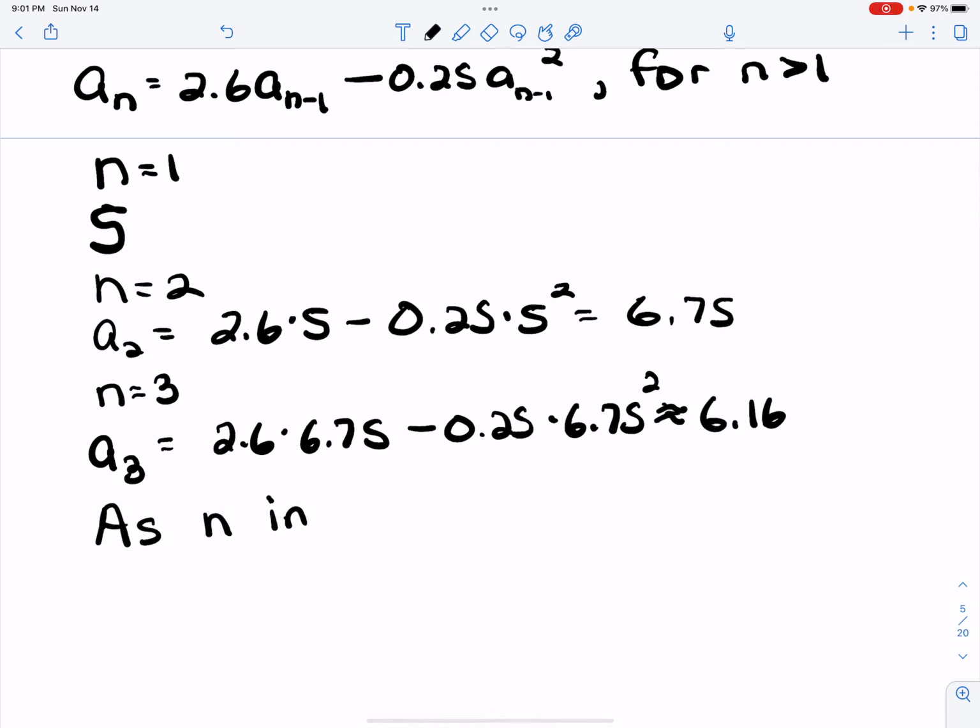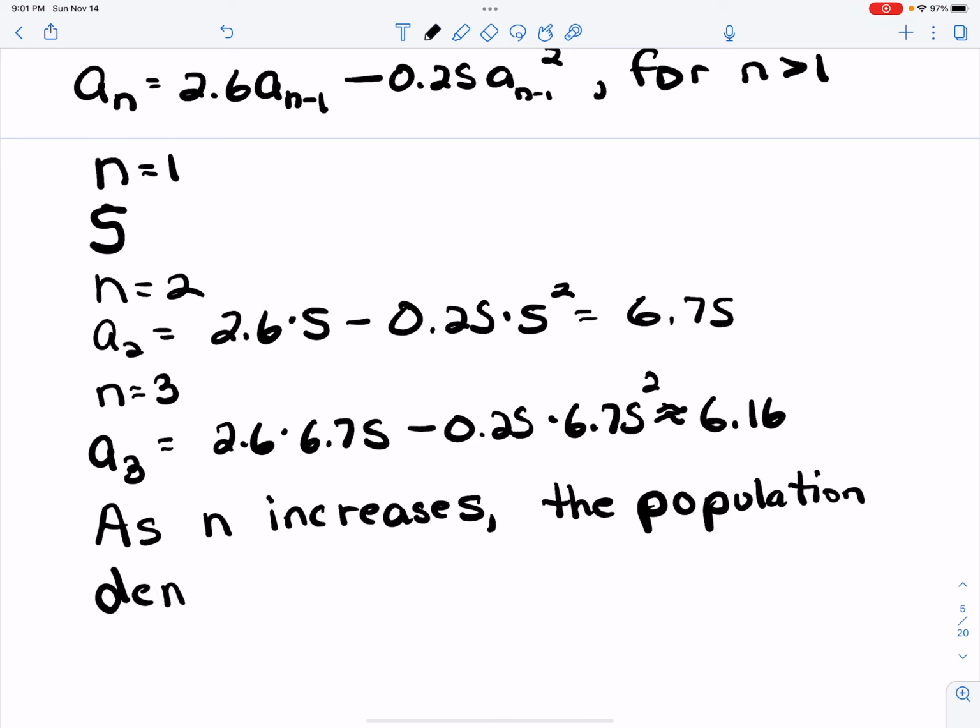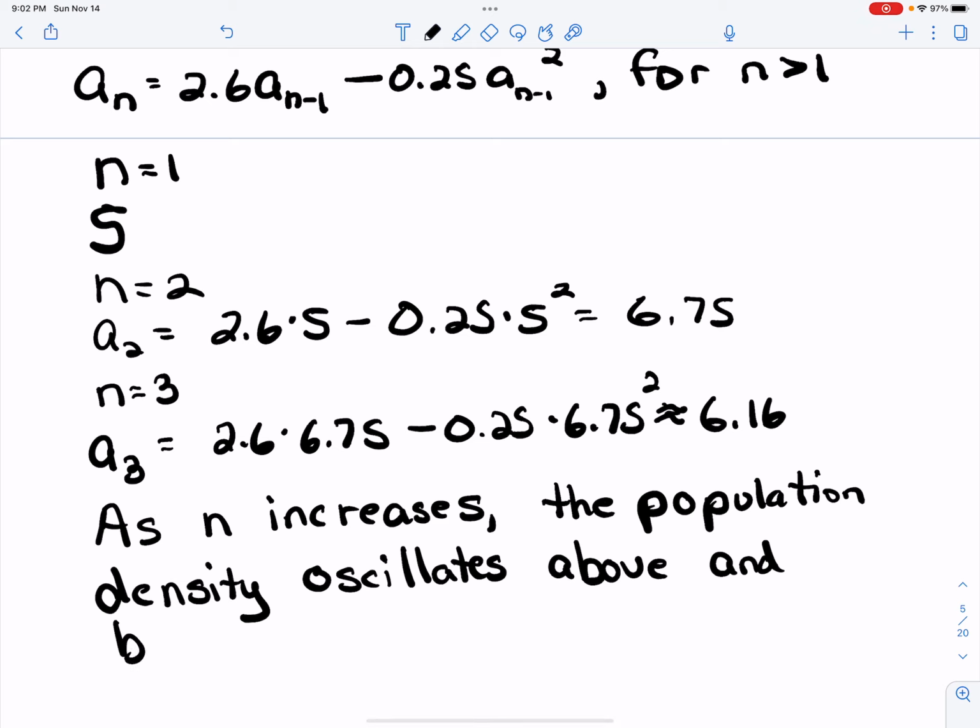As you keep doing more of these, you're going to find that the population density oscillates above and below a number.